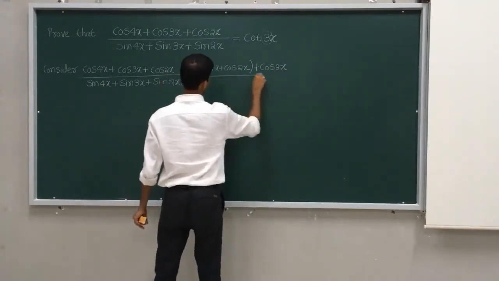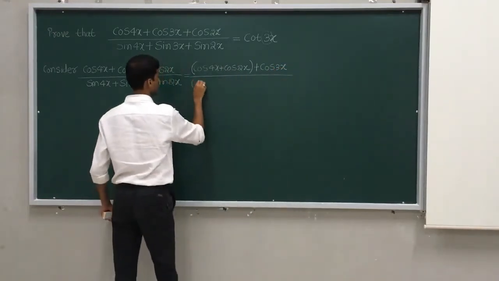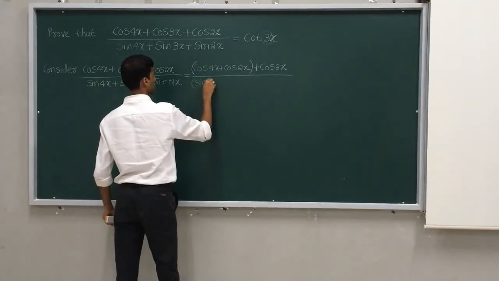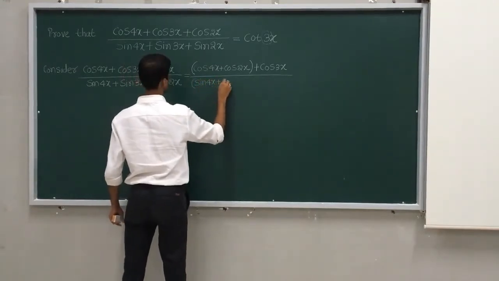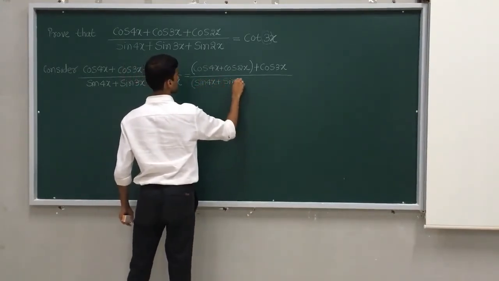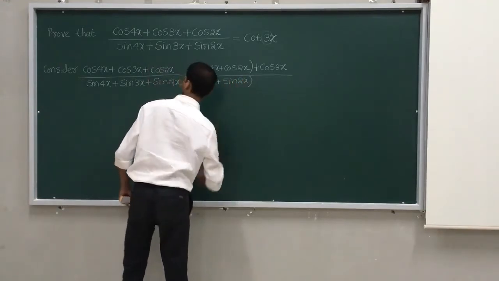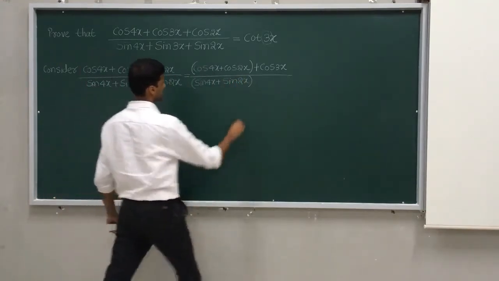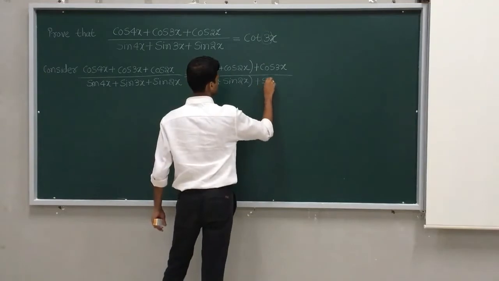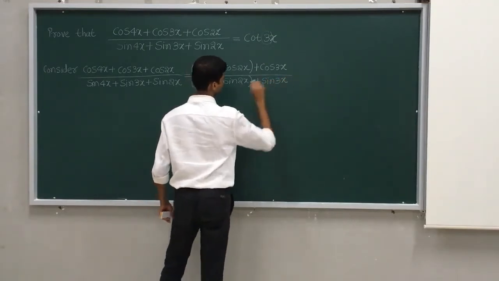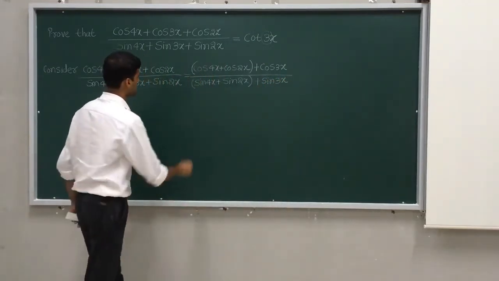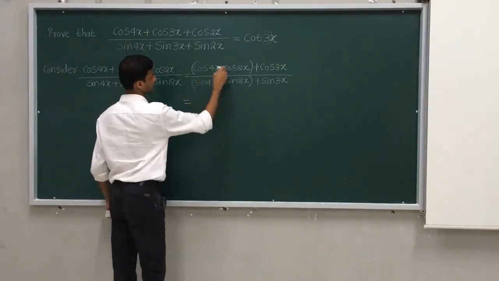Similarly, in the denominator I will group sin 4x plus sin 2x, plus sin 3x. Now I will use cos x plus cos y.